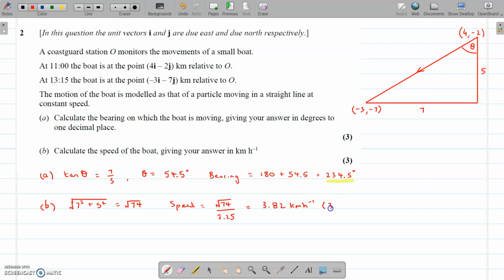And that's a reasonable degree of accuracy to give for that sort of question. But all the working's clear and you've shown how you've got your answer.